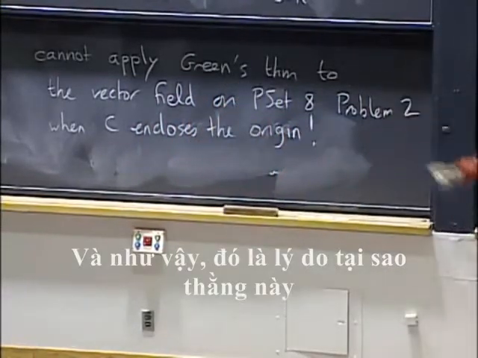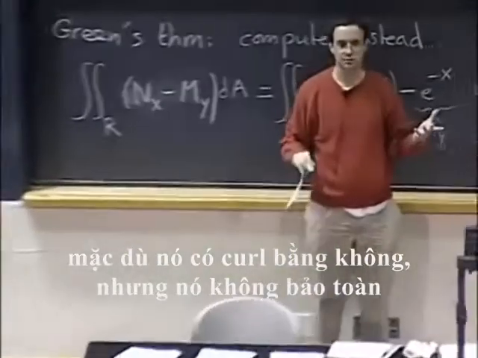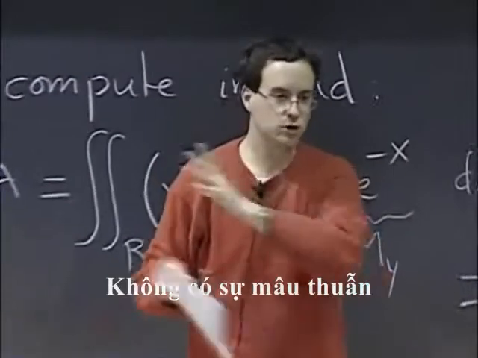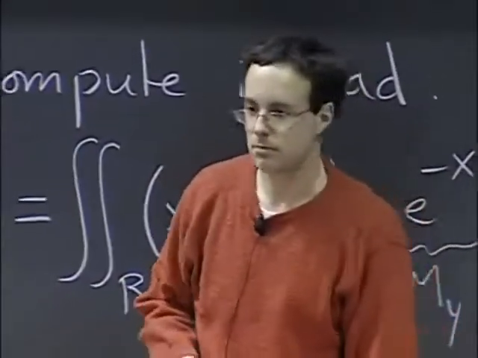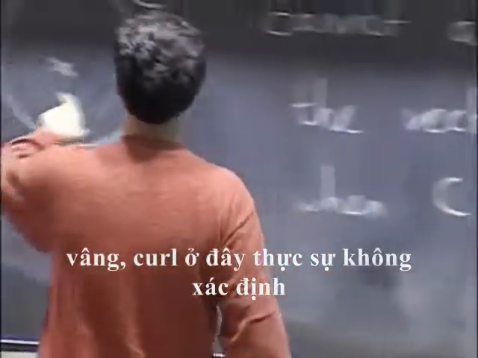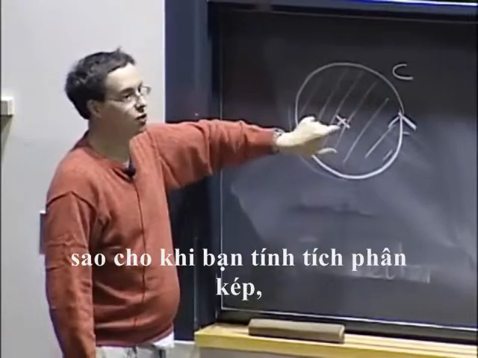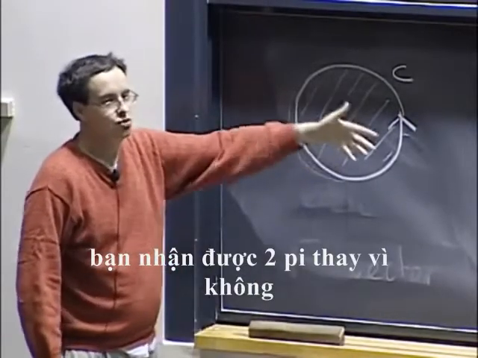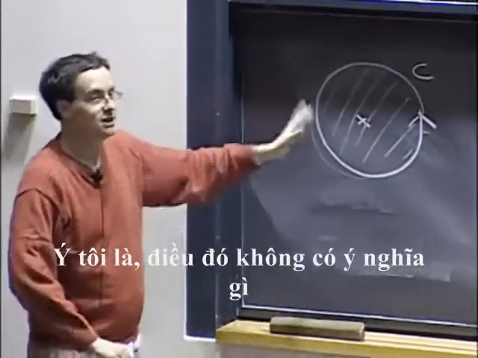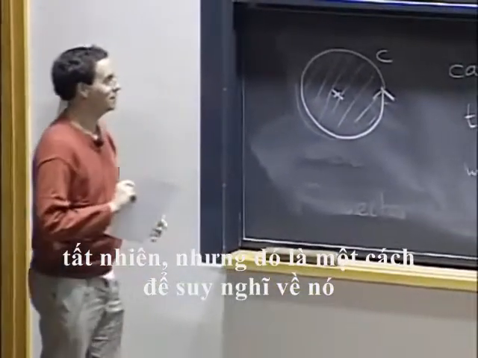And so that's why this guy, even though it has curl 0, is not conservative. There's no contradiction. And somehow you have to imagine that the curl here is really not defined, but somehow it becomes infinite, so that when you do the double integral, you actually get 2 pi instead of 0. I mean, that doesn't make any sense, of course, but that's one way to think about it.